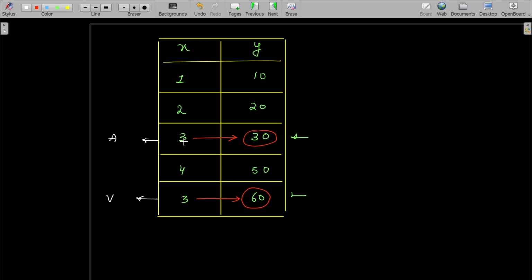Why? Because one person, which is 3 and 3, now they are the same person, right? Anishka and Anishka. Now Anishka is having two different weights, 30 kilograms and 60 kilograms. Well, that's not possible, right? I hope this makes sense. Okay, so this is how you can get a question in tabular form.